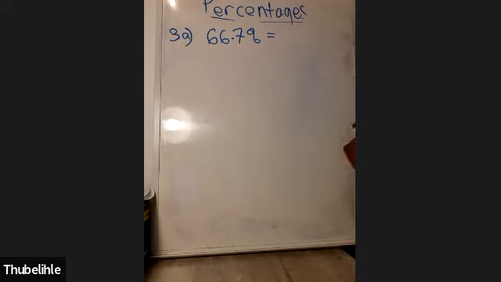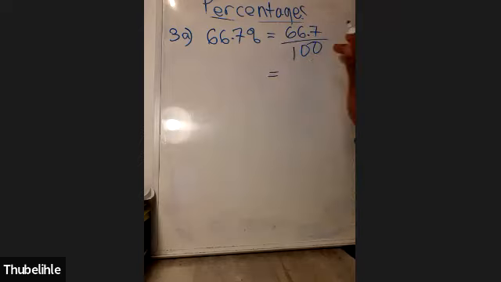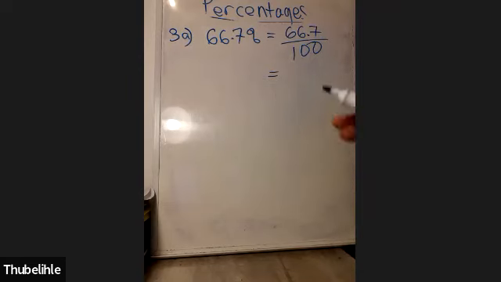Okay. So let me just try it out for you guys. 66.7 over 100. You can either get rid of the decimal place or you can keep it, but I prefer getting rid of it. And remember, I said when you want to change a fraction, whatever you do to the denominator, you have to do to the numerator. So if we decide to multiply this by 2, we have to multiply this by 2.